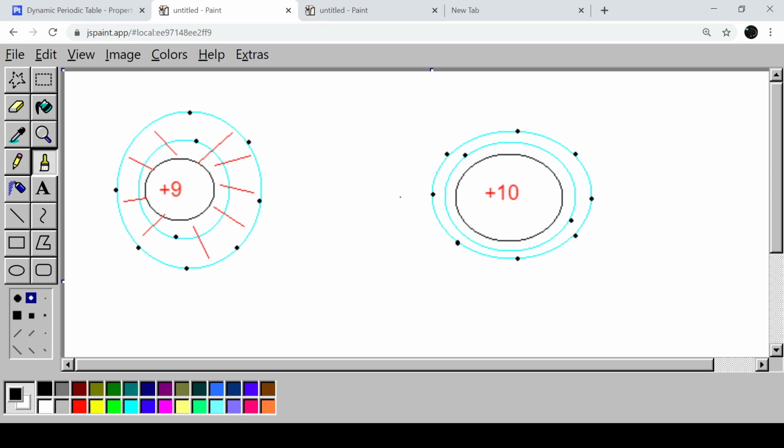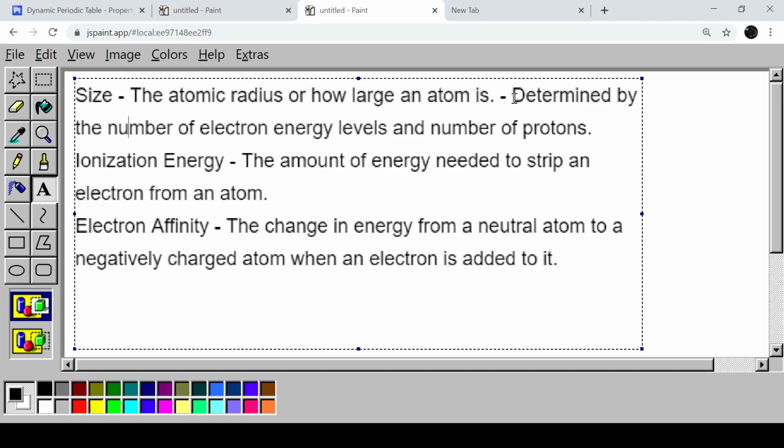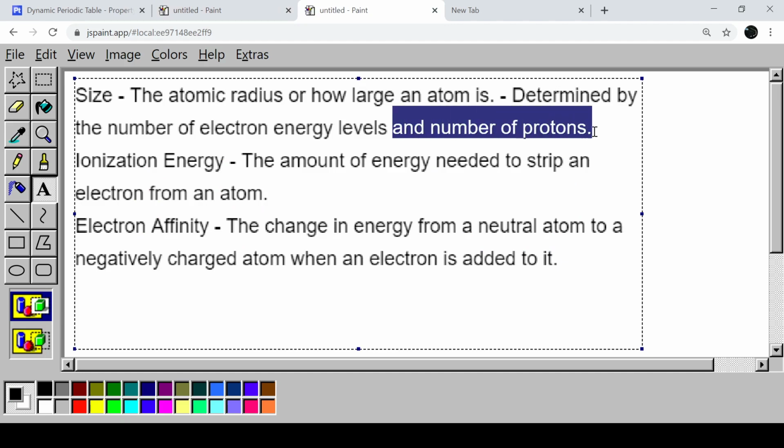And look, we can go ahead and say here, all right, this one has less lines of force, this one has more, and this one ends up being smaller. Okay, so this one's smaller because it has more protons that are pulling on these energy levels. Okay, and that's what we want to go ahead and get here. So it's determined by the number of protons.